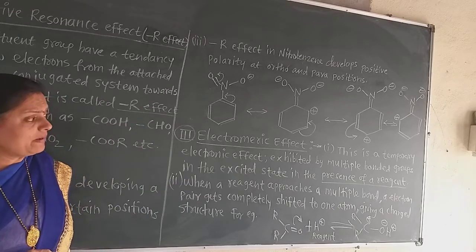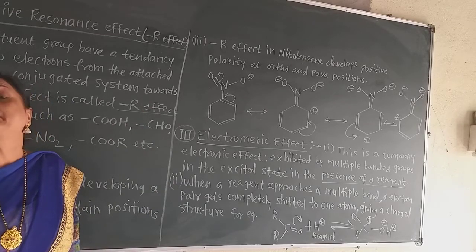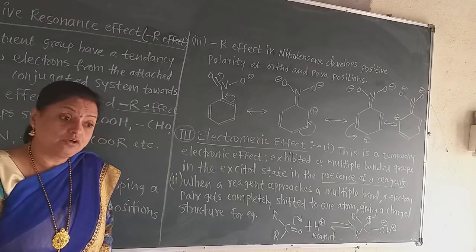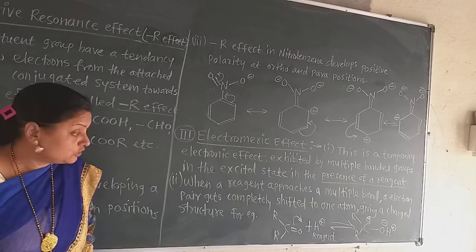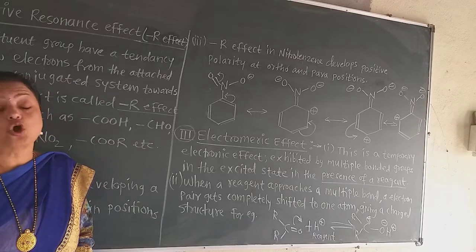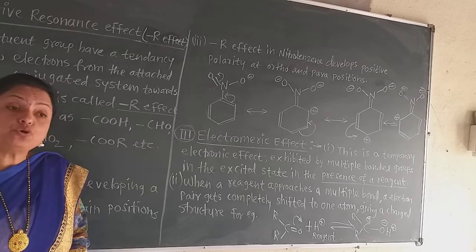In the electromeric effect, this is only a temporary effect. If we remove the reagent from the reaction, this effect is no longer there, because the effect is due to the reagent.